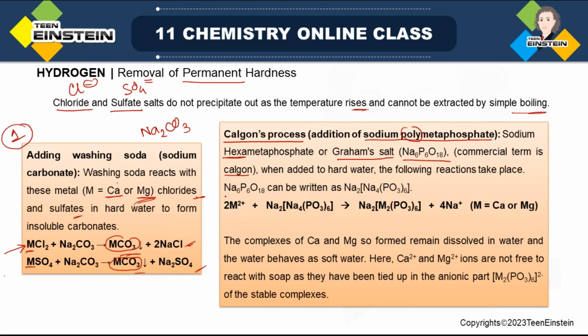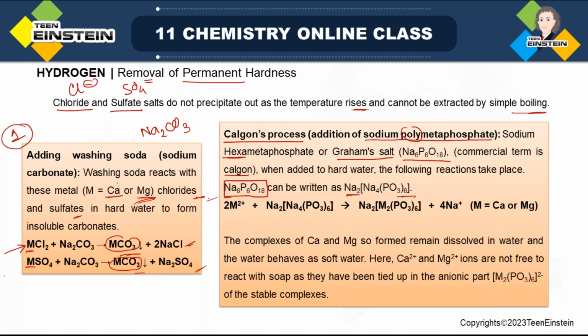But see, now this formula, we will write it differently, because this is basically a simple formula where you will be able to identify how many sodium atoms are there, how many phosphorus, how many oxygen. But actually, it should be represented like this. This is a coordination sphere. Inside there is 4 sodium together with 6 PO3, and now the rest of the negative charge will be satisfied by 2 sodium ions that are present outside the coordination sphere.